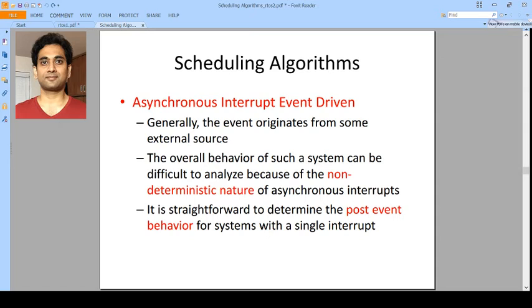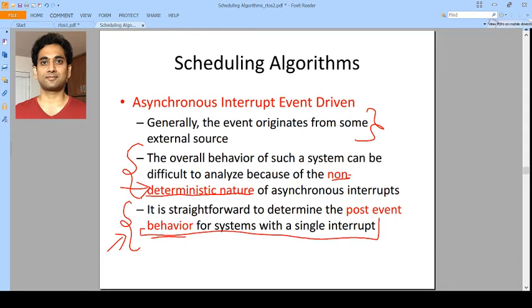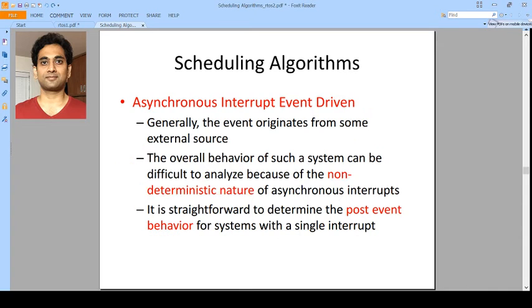So in asynchronous interrupt event driven scheduling algorithms, generally the event originates from an external source. The overall behavior of such a system is not deterministic in nature. We cannot predict its behavior because it is dependent on an external event. However, once the external event occurs, it is pretty straightforward to determine what happens after.